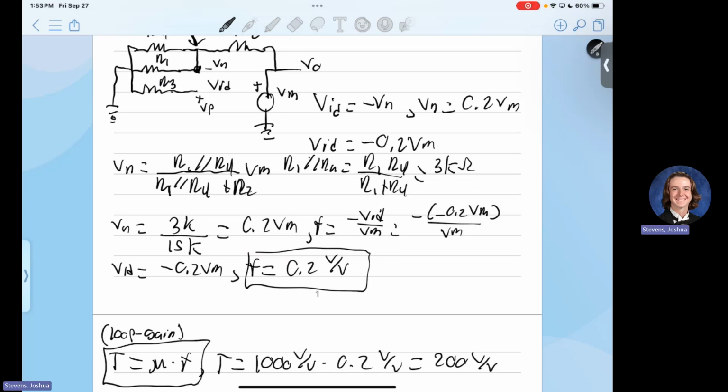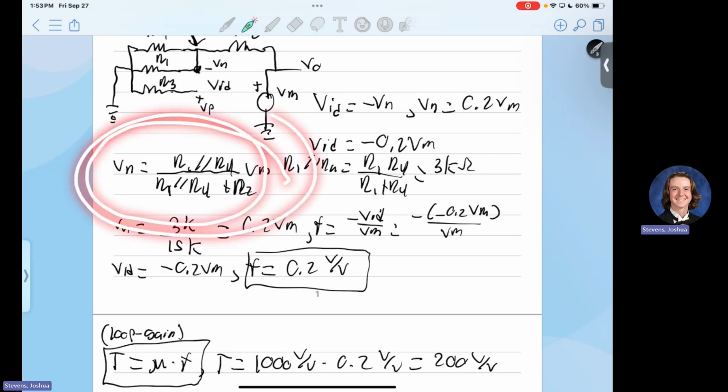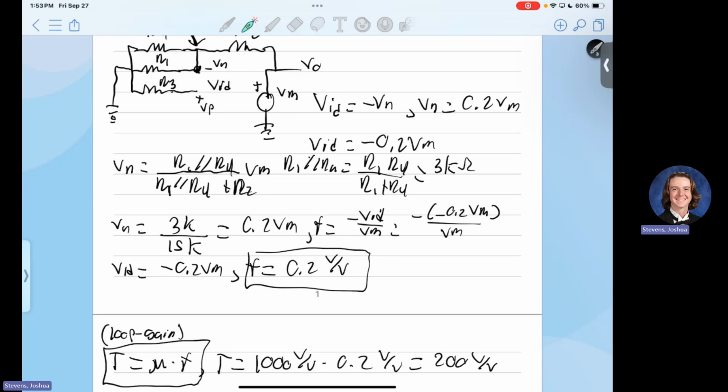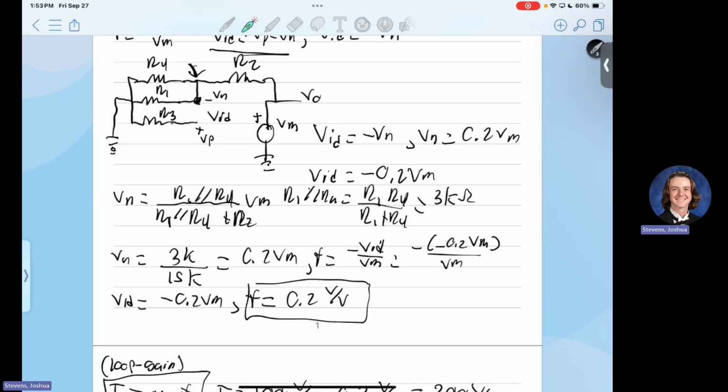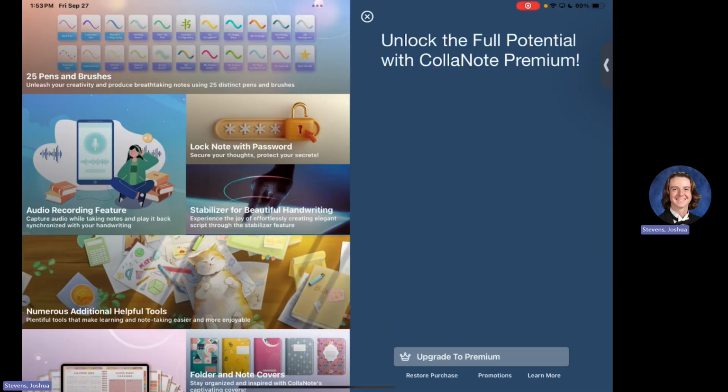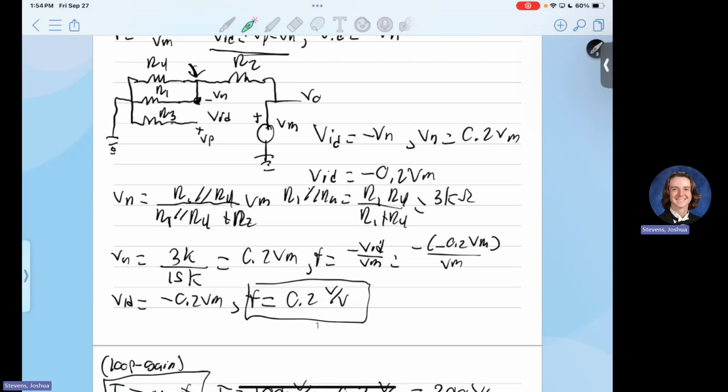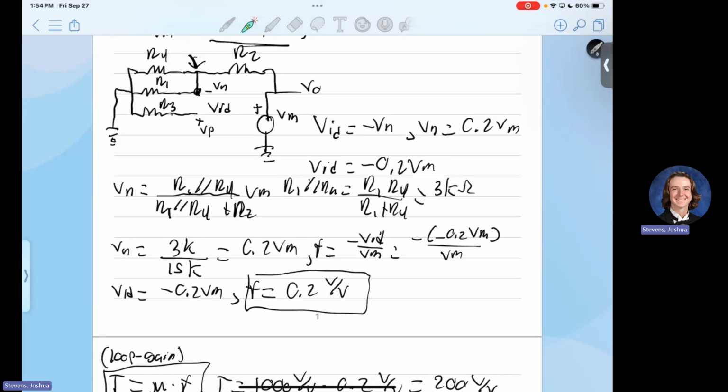Here, the voltage divider. We found the voltage divider here, okay? We have the parallel combination of R1 and R4, based on here. That's what's going in here. That's what we need to look for. And over the total resistance that's going into the Vn thing.